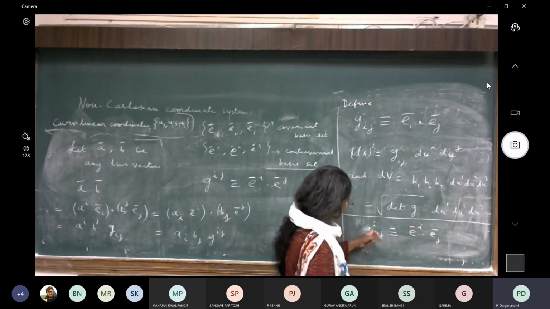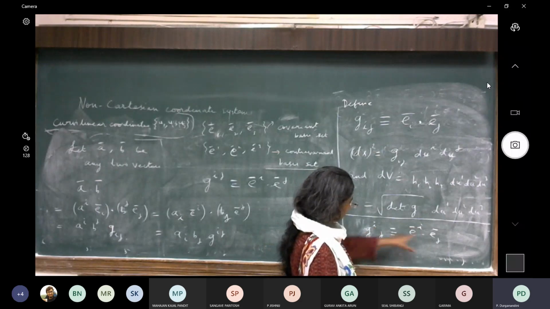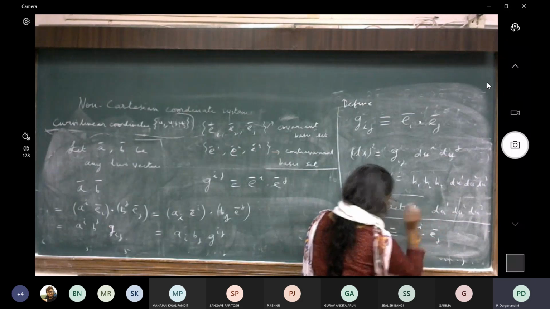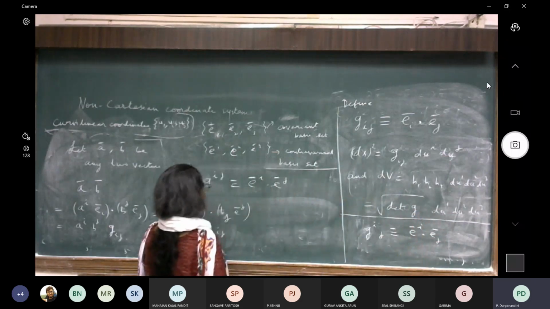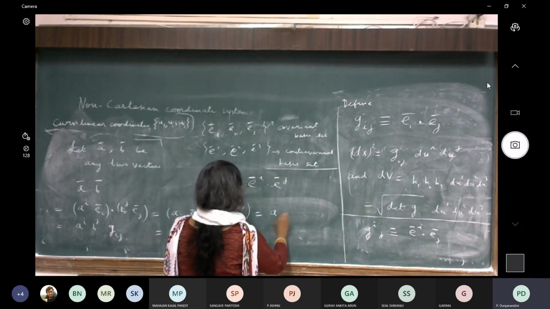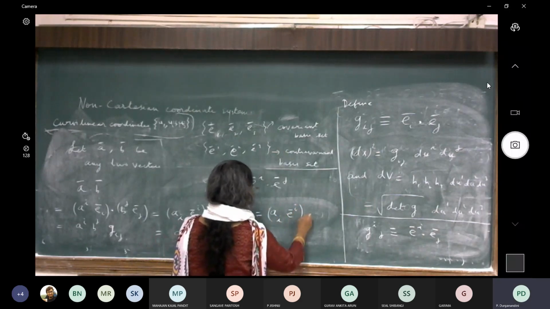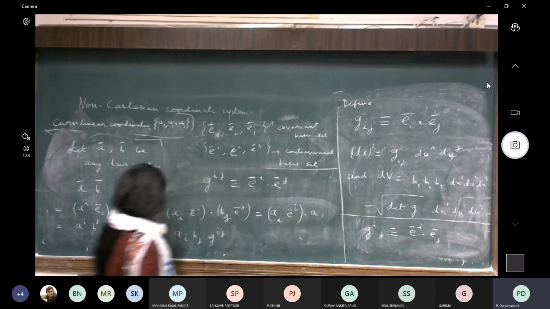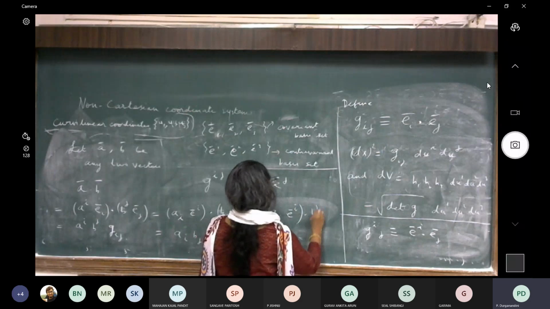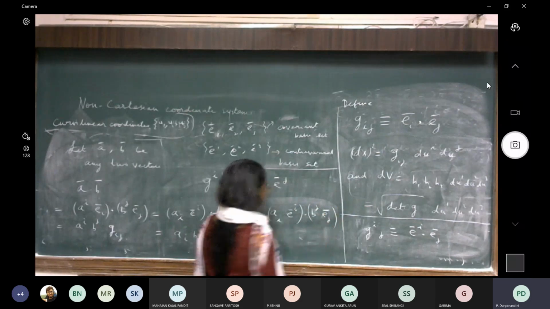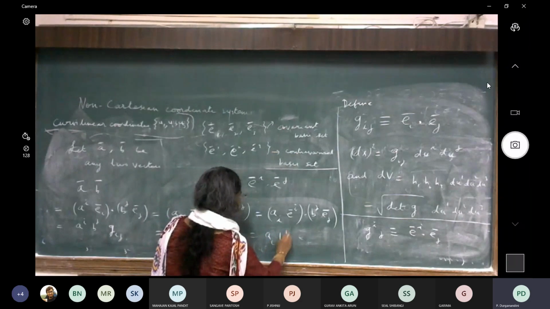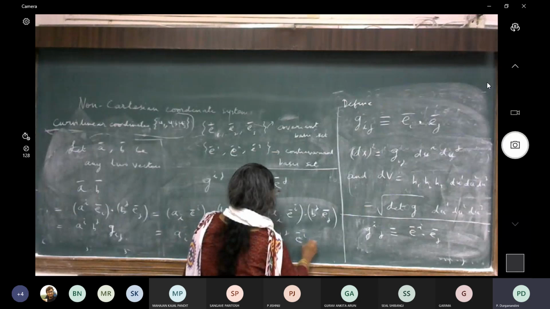So you can see now I have this object with one upper index, one lower index, and just taken the dot product of the contravariant E with the covariant E. Okay, so this I can also write like this: because now what I've done is the A vector I expanded in the contravariant basis, and for the B vector I expand now in the covariant basis. Fine. And this is going to give me then Ai Bj, and then I have got Ei dot Ej.